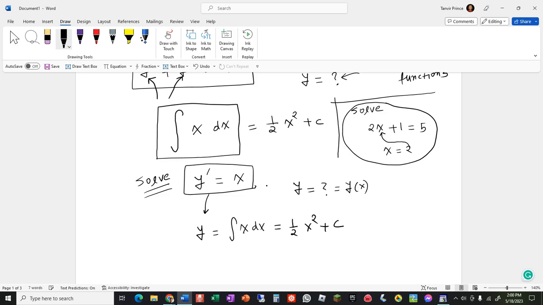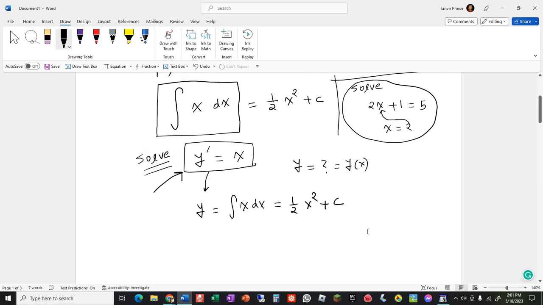So it's a very simple baby differential equation, right? Which is actually another way of writing an antiderivative from your calculus 1. And we already know how to solve it. It's a simple integral, right? Right away, you see that the solution to this differential equation y prime equal to x in fact has infinitely many solutions, right?